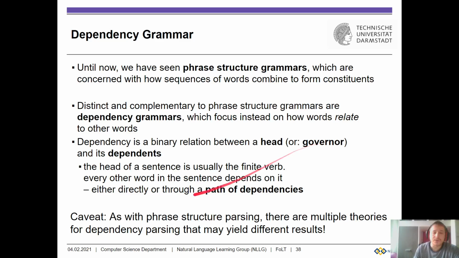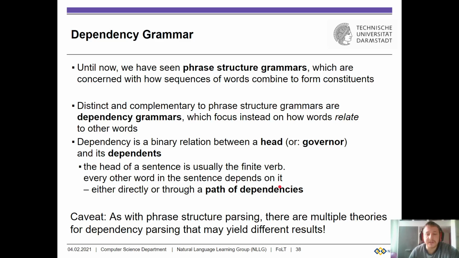The head of the whole sentence is usually considered to be, in linguistic theory, the finite main verb of the sentence. And every other word in the sentence depends on this finite verb, either directly if they are directly in the dependency relation, or otherwise indirectly through a path of dependencies.